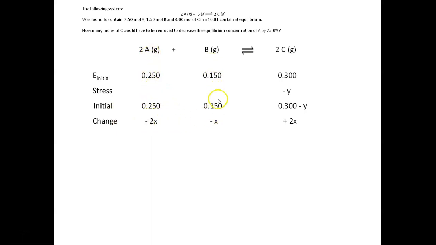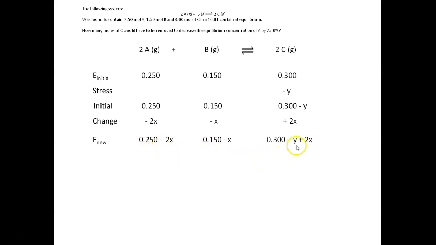So for every 1 mole of B that gets converted, 2 moles of A will be lost and 2 moles of C will be produced. So now I have my new equilibrium conditions. It's my initial plus my change that will give me my new equilibrium. Now, we're in a case here where we have 2 unknown variables.